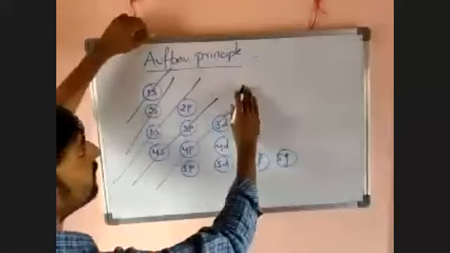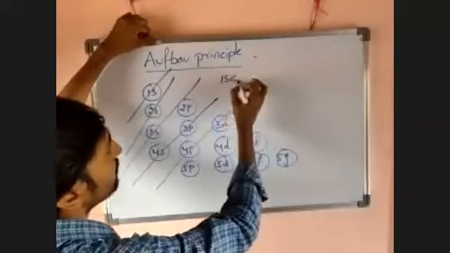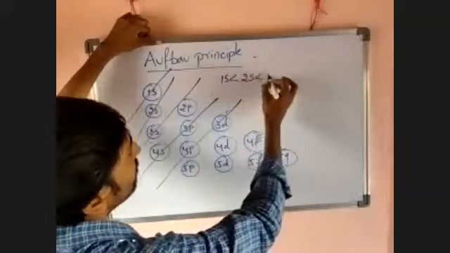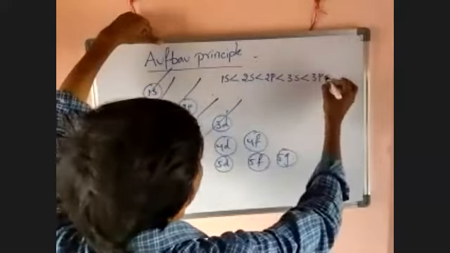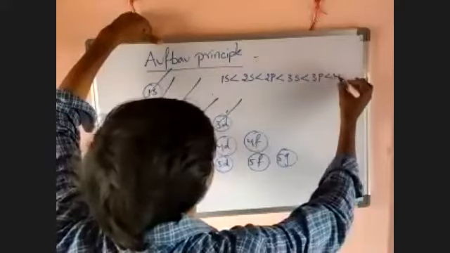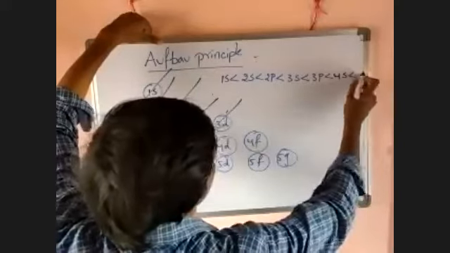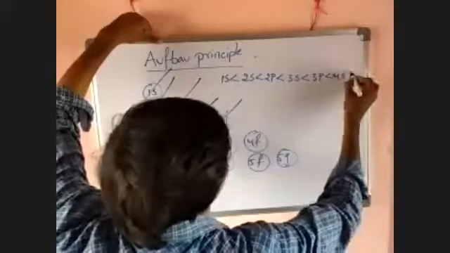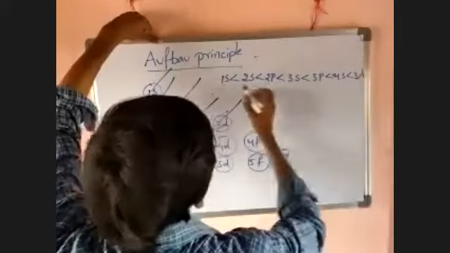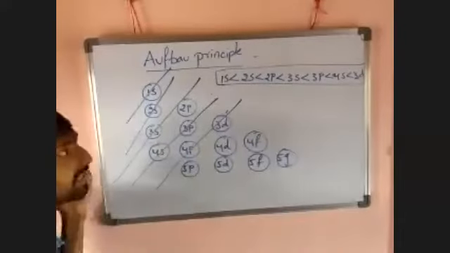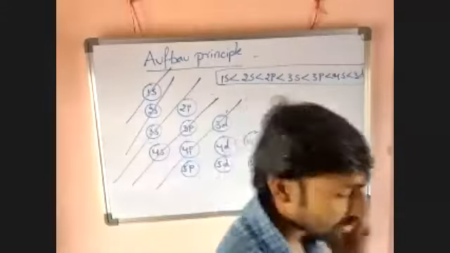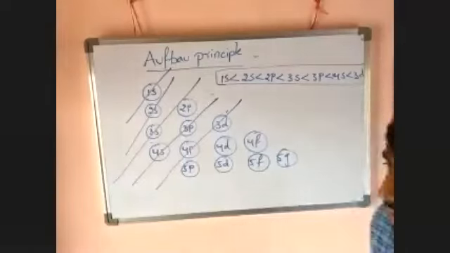Means 1s is the lowest energy, then 2s, 2p, 3s, 3p. After 3p, 4s, then 3d. Like this. It is the increasing order of their energy levels, the energy of orbitals.